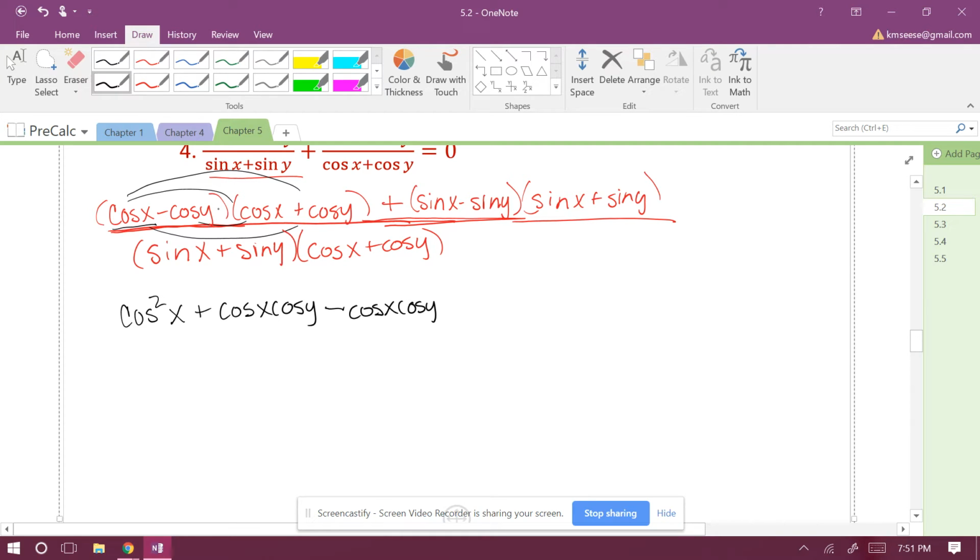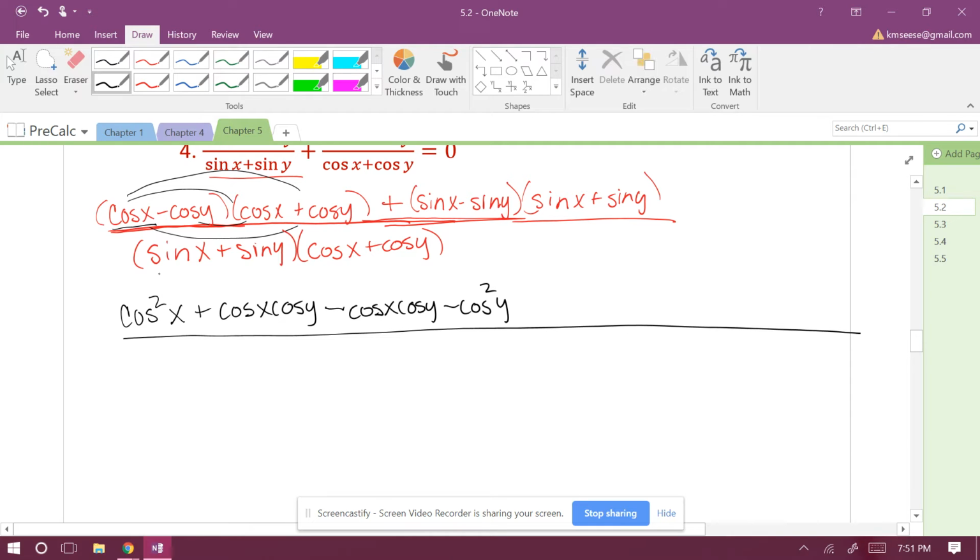My last is minus cosine of x times plus cosine of y, and minus cosine squared of y. And you can see how this is going to work out, hopefully. These two terms here will cancel out.